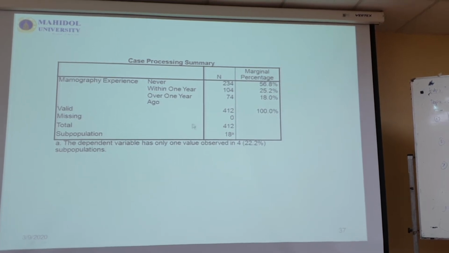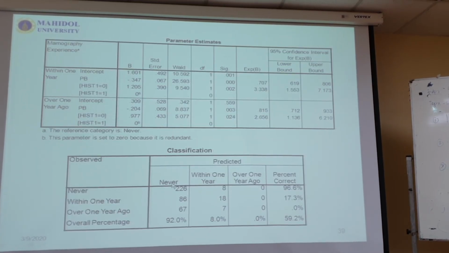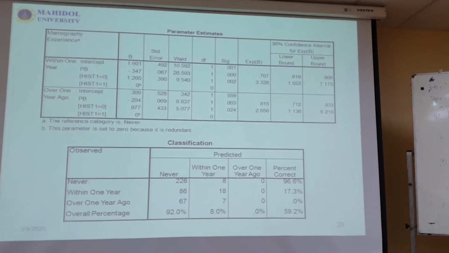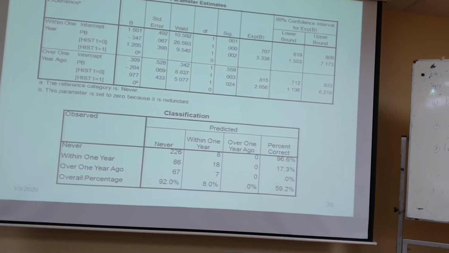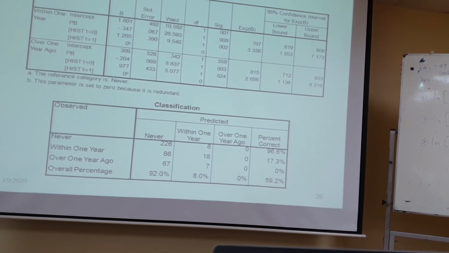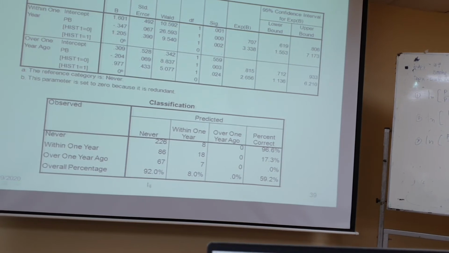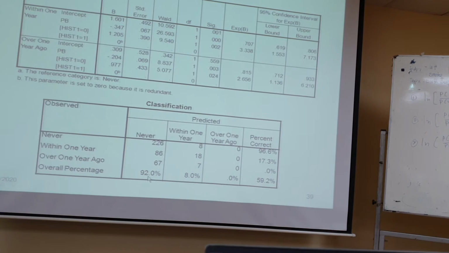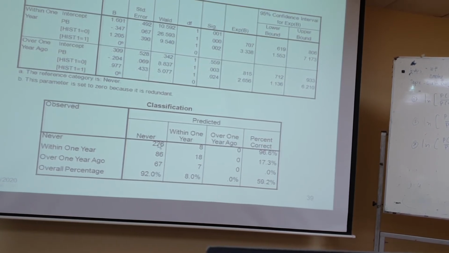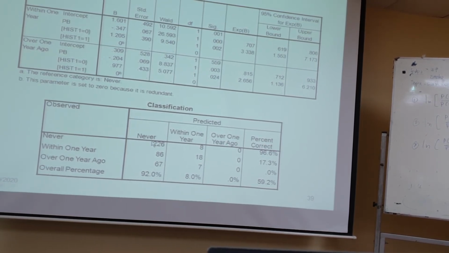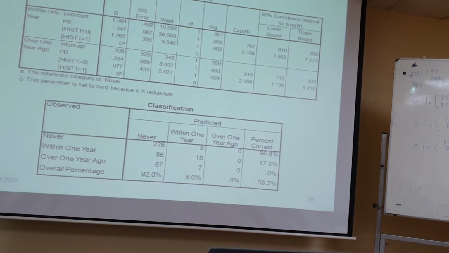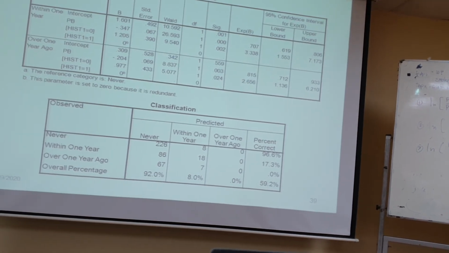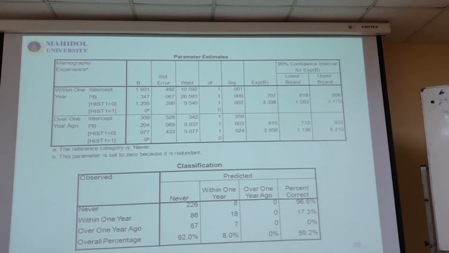And how many from the prediction? 226. So 226 over 234 equals 92%. This is the overall percentage. The 92 here comes from 226 over 234, from the right predictions based on your model compared to the observed data.